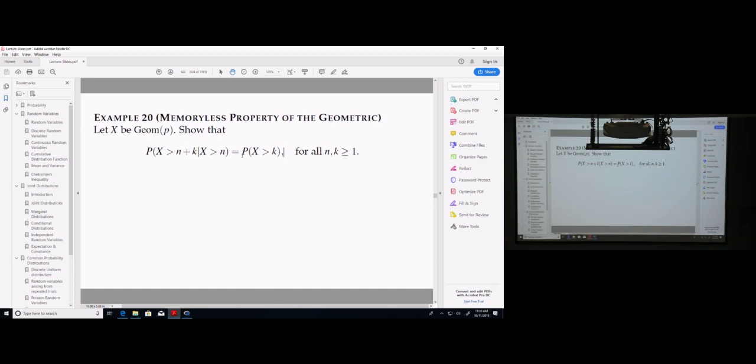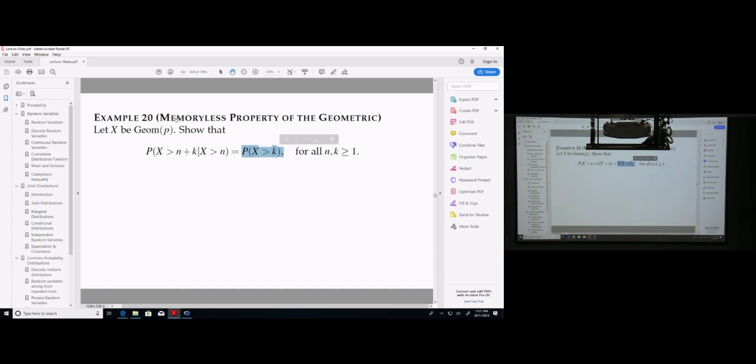Suppose k is 10, and n is at least 50. So I've been living more than 50 years, and you wanted to find out whether I will live at least another 10 years. Then, of course, the probability is not the same as when I was just born and have at least 10 years of lifetime, because of aging.